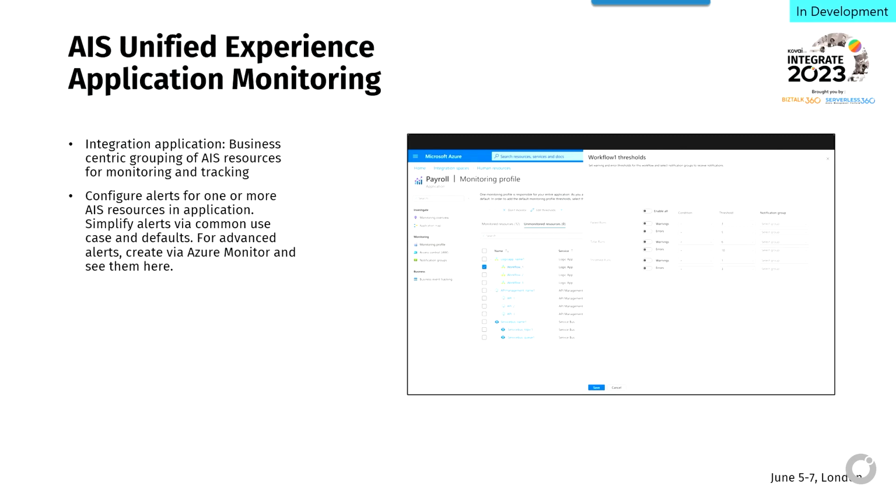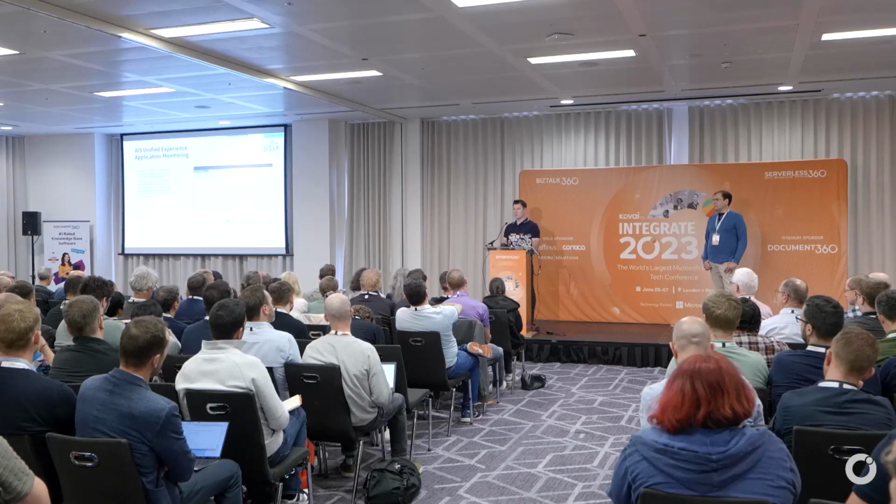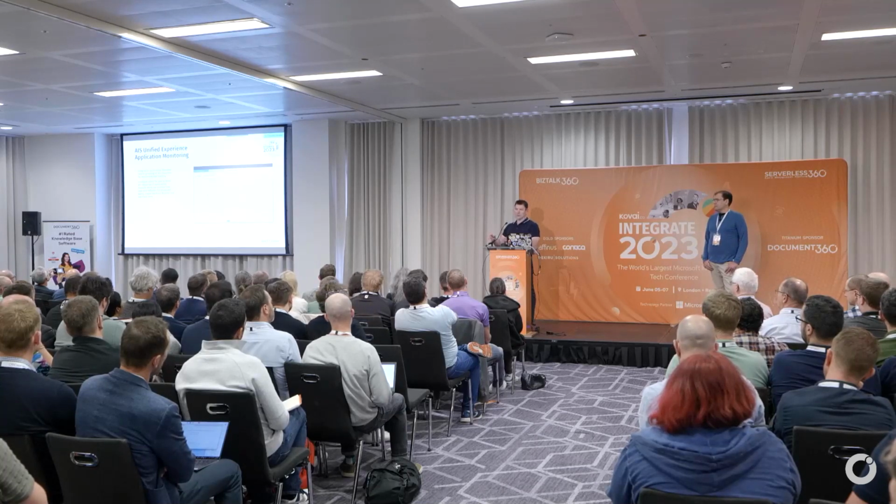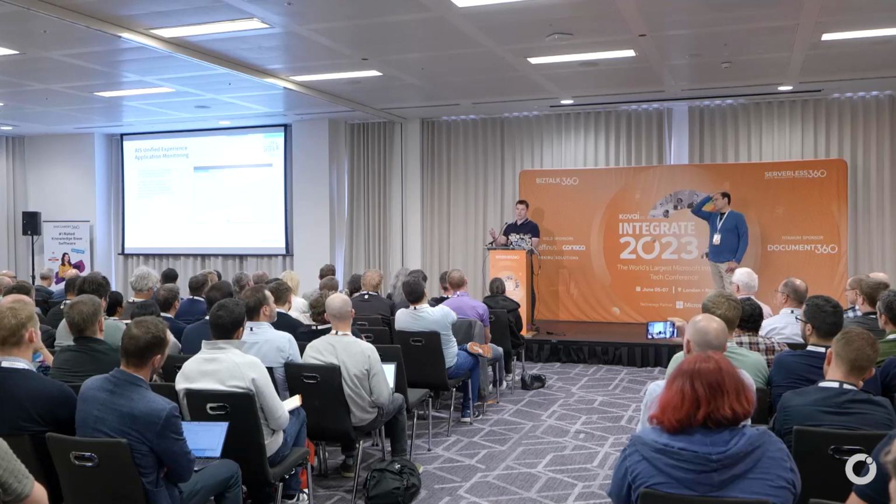So let's say you have a flow and you have one Logic App calling another Logic App, and the other Logic App fails 20% of the time. If you monitor resources separately, then obviously the second resource is red because it doesn't meet any threshold or SLA, as it only responds 80% of the time.